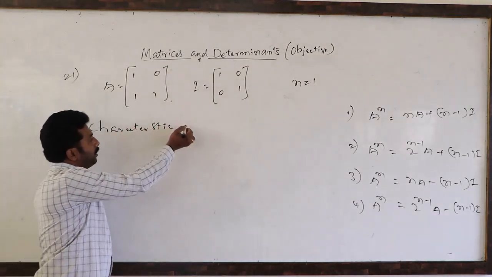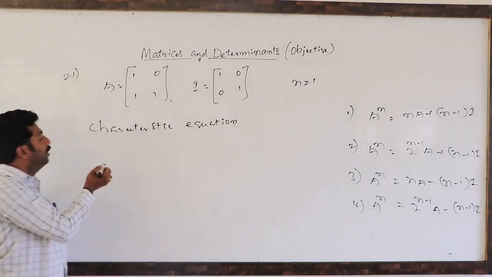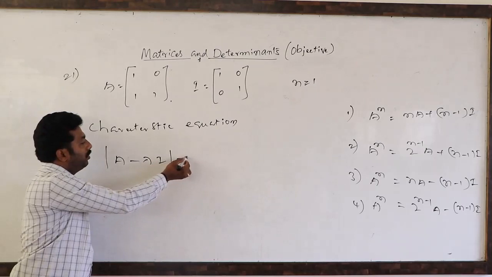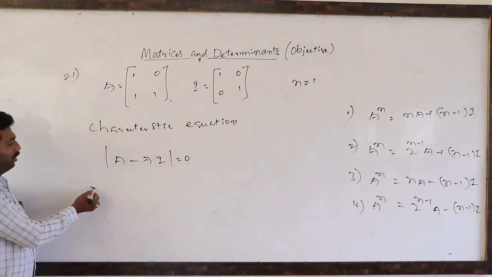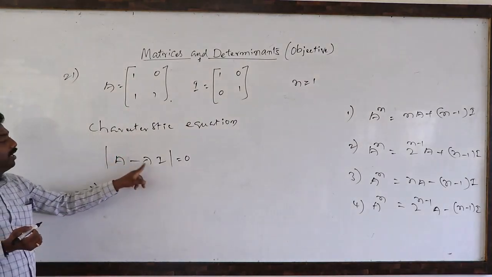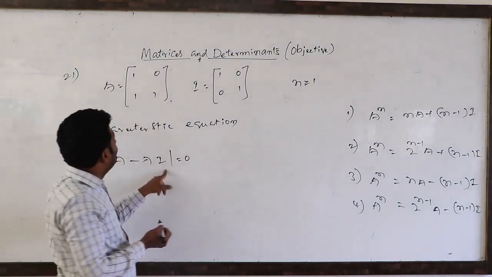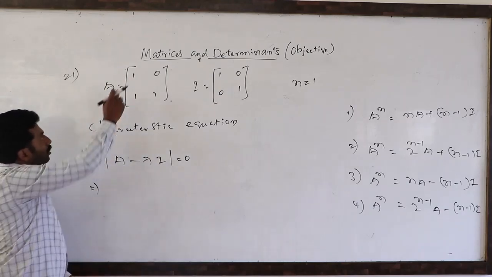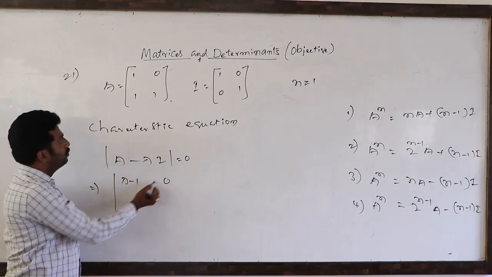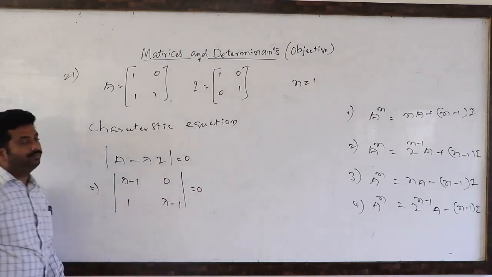So what is the characteristic equation? The determinant of A minus lambda I equals 0. Whatever the diagonal elements are, we have to subtract lambda from them. So A minus lambda I here gives the determinant of lambda minus 1, 0, and 1, lambda minus 1, equal to 0.